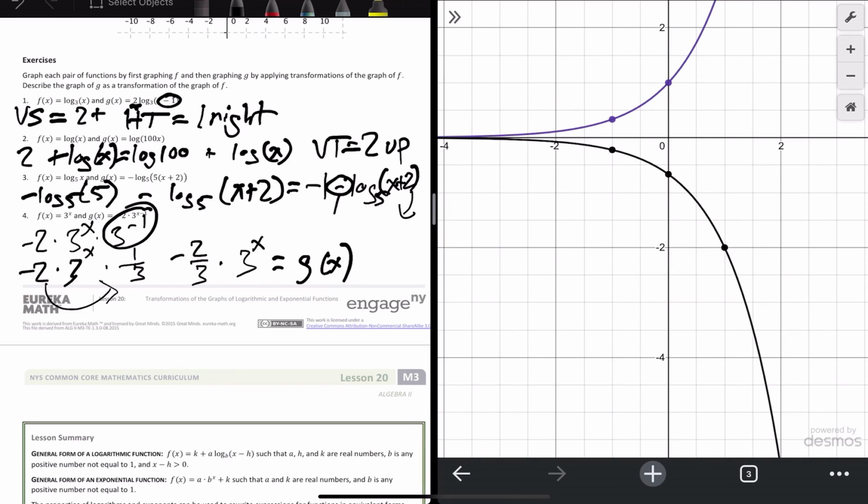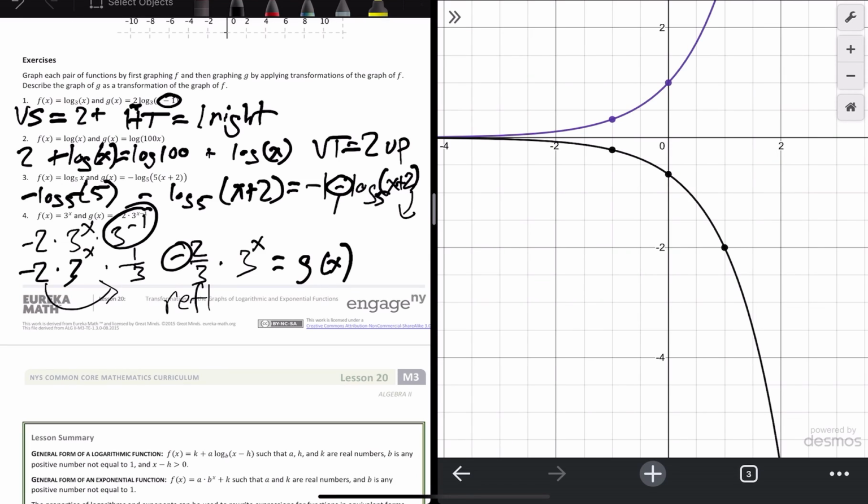All right, so what does that tell us now? Well, since we have this negative here, that's going to make everything negative. So we're going to reflect over the x-axis.